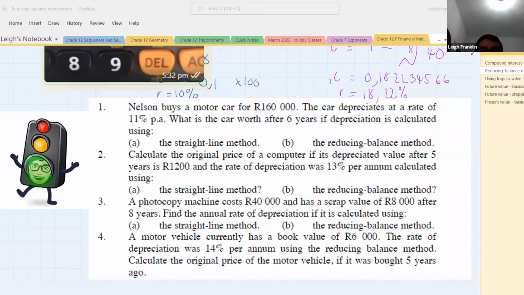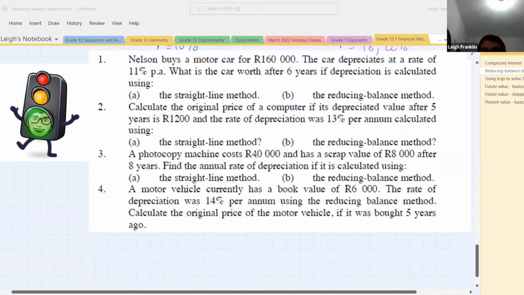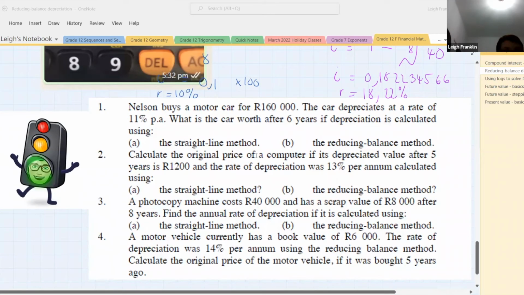Very good. Everybody that's posted an answer there, you've got things correct. That's really, really positive. Well done.